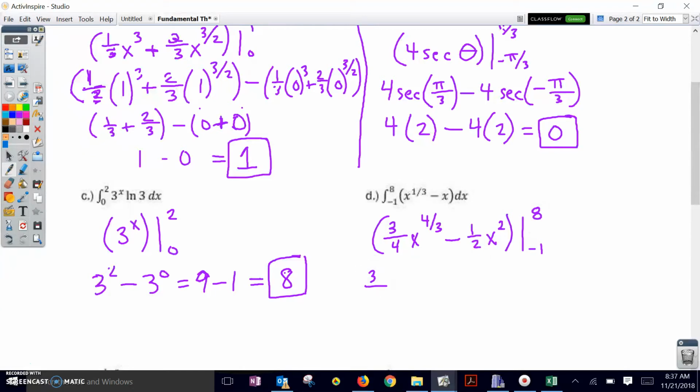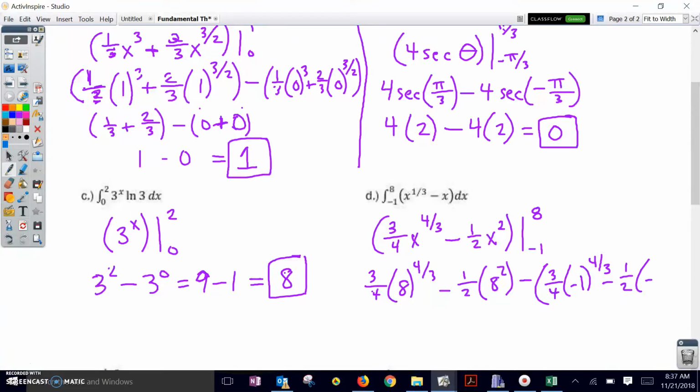So we've got 3/4 times 8 to the 4/3 minus 1/2 times 8 squared, minus 3/4 times -1 to the 4/3 minus 1/2 times -1 squared.